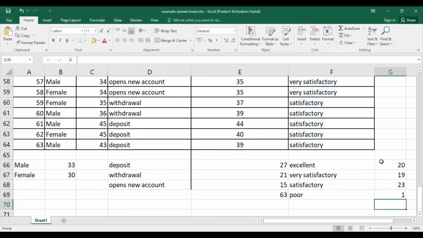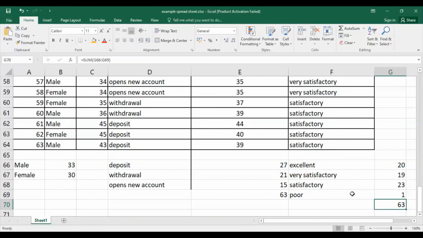Okay. So if we're going to add this one, then we expect 63. So that means out of 63 clients, there are 20 of them who rated the services of the bank personnel as excellent, 19 as very satisfactory, 23 as satisfactory, and 1 as poor.